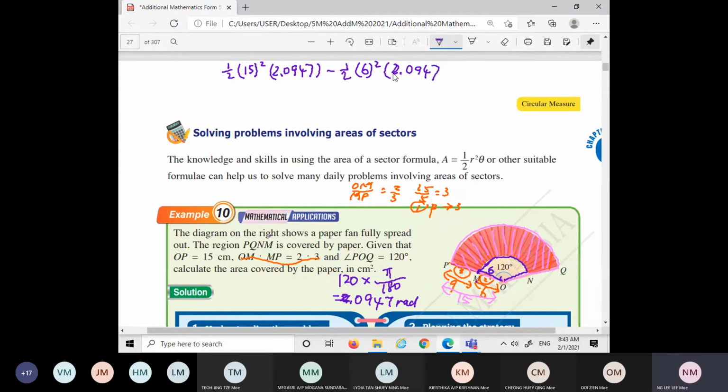You can use a calculator and calculate. If I follow the textbook, the answer is 197.95.